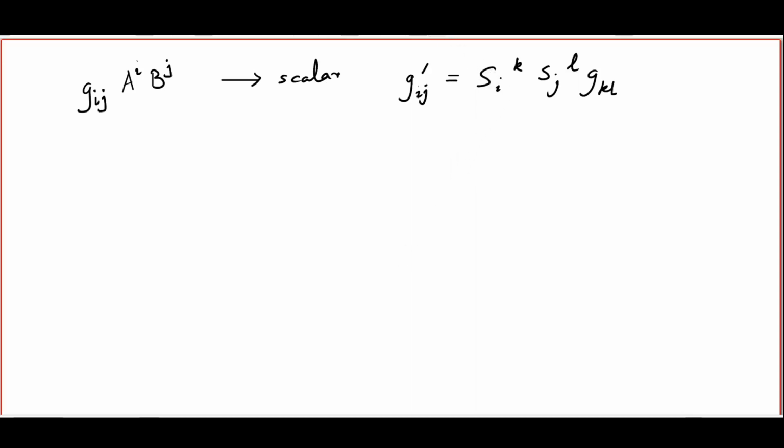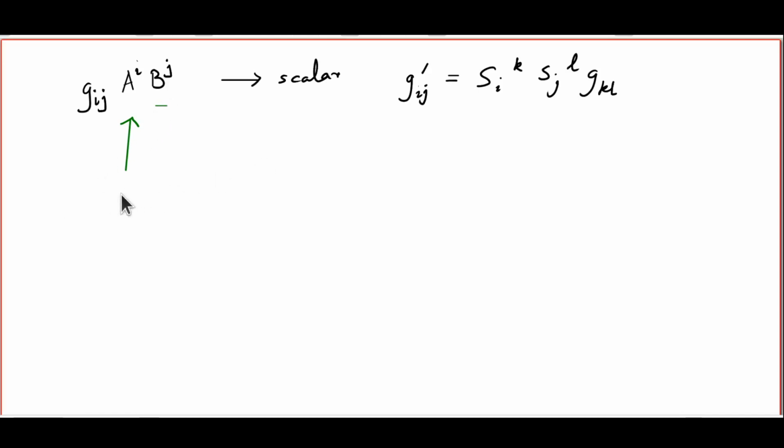It actually is a pretty straightforward thing, simply because the role that the metric tensor's components play here is the following. Given two vectors, A with components A^i and B with components B^j, it allows us to produce a scalar.